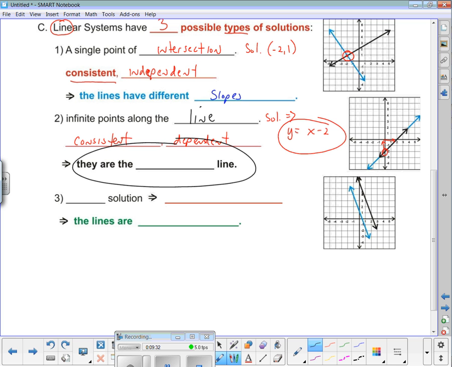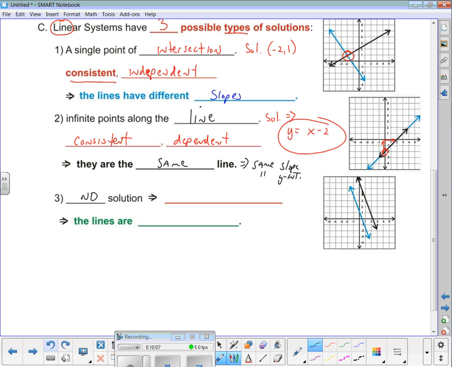They are the same line. So obviously they would have the same slope, right? But beyond that, it has to be exactly the same. So not only the same slope, same y-intercept, right? For it to be consistent and dependent, you got to have the same slope and the same y-intercept. They're the same line.